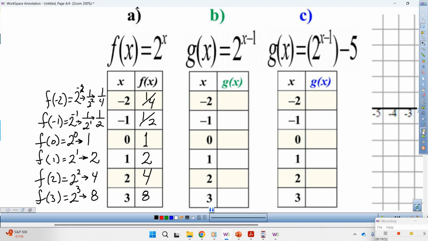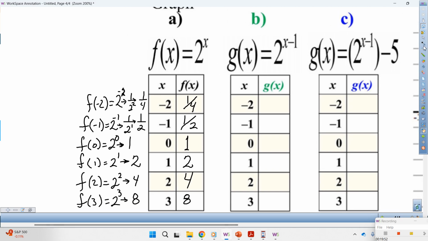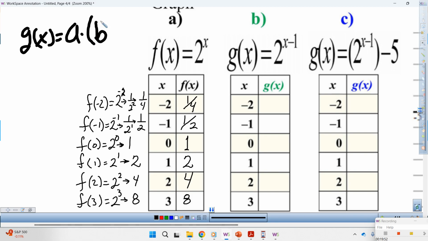All right. So, look up please, before we graph that, you wrote down your general rule. Is that correct? Your general rule is g of x equals a times, parentheses, b to the x minus h, plus k.